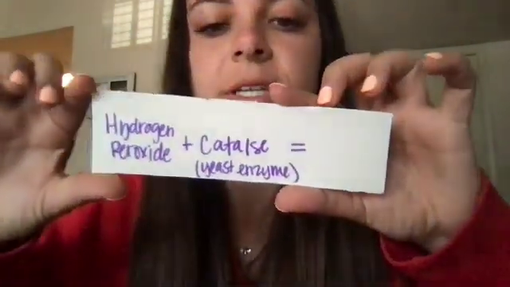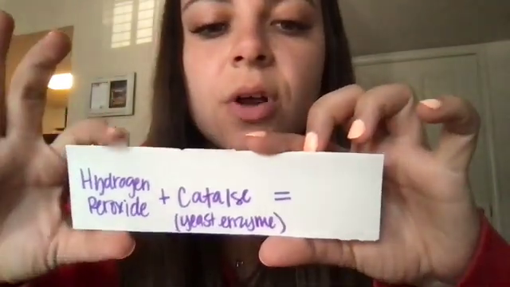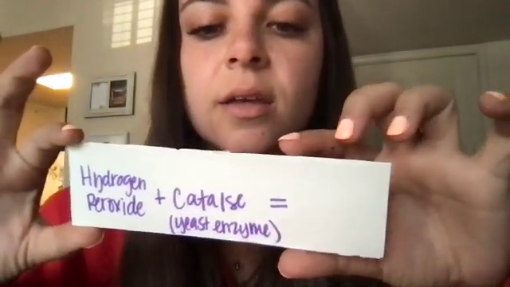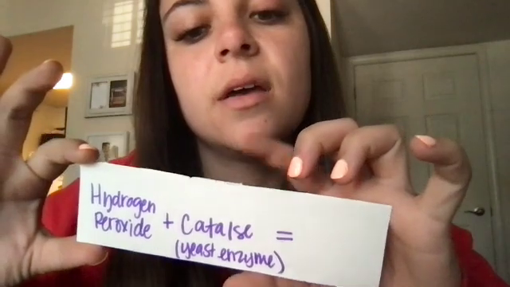Now that we have that, we know that when we mix our peroxide with our yeast, that yeast has an enzyme in it that's going to break down that bond. Here we have our hydrogen peroxide, and I definitely misspelled this.